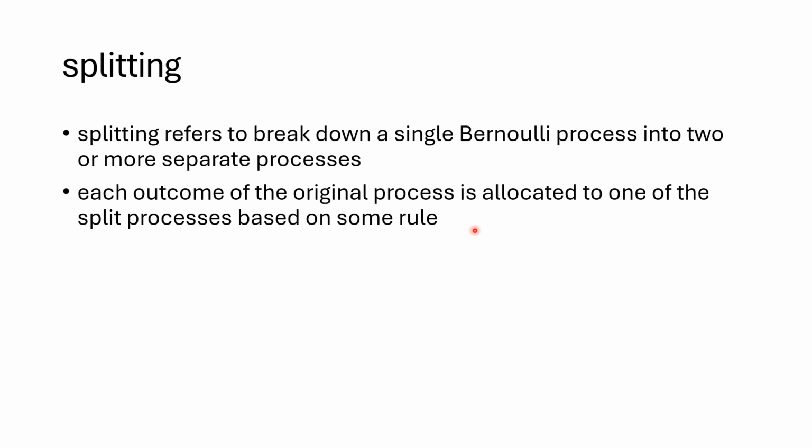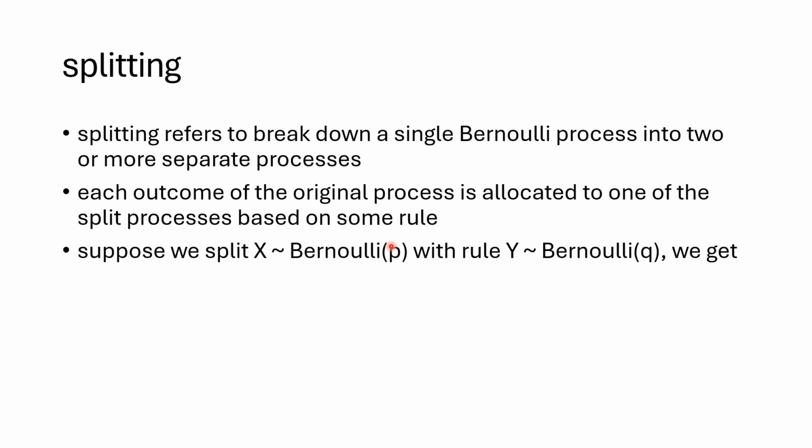For example, you can give the first outcome to process 1 and the second outcome to process 2, the third outcome to process 1, the fourth outcome to process 2. Now suppose we split this binary process with this rule. So we can get two Bernoulli processes.